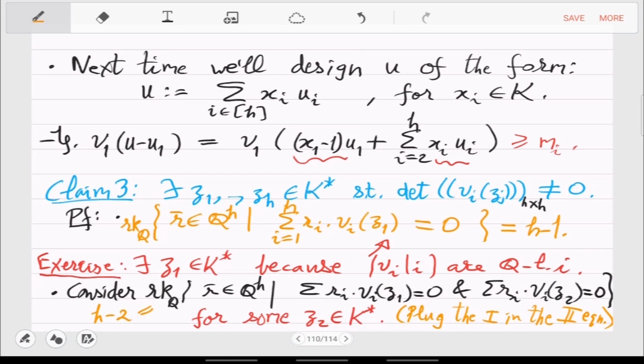So now actually you are only looking at H minus 1 Ri's, and since these Vi, Z2 are unknown, valuations which you know are linearly independent, you'll find a Z2 so that the solution set is smaller of R bar. So it's again coming from claim 2.